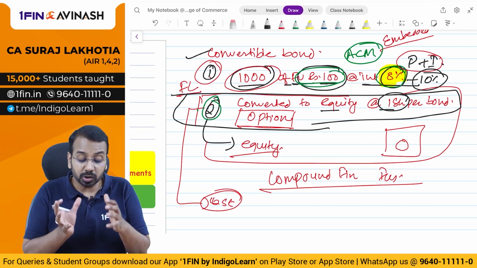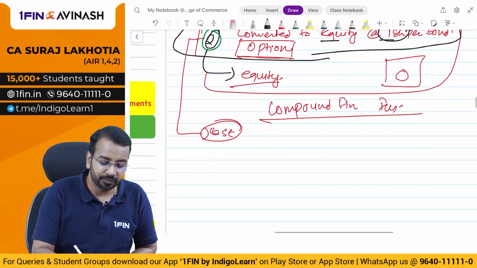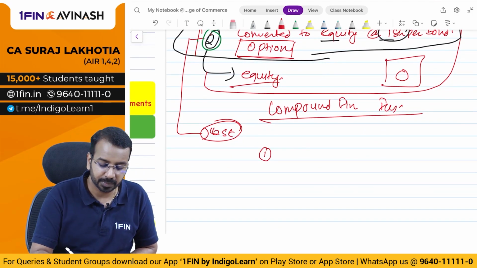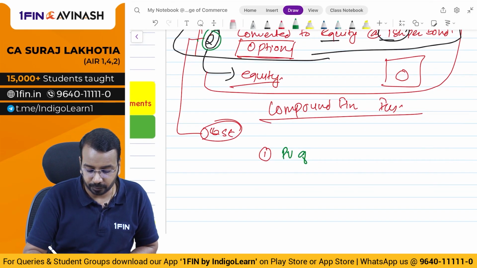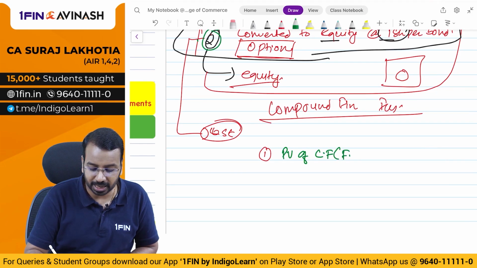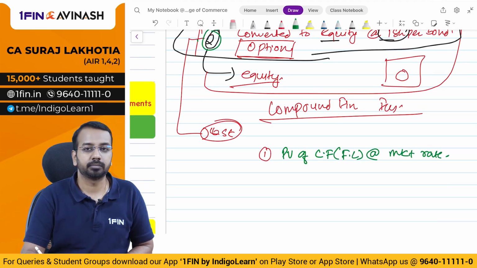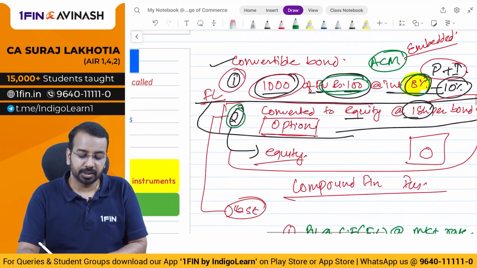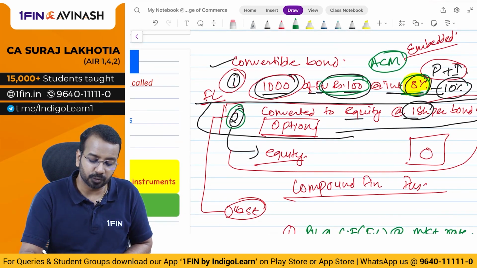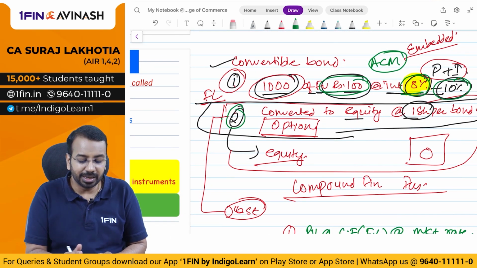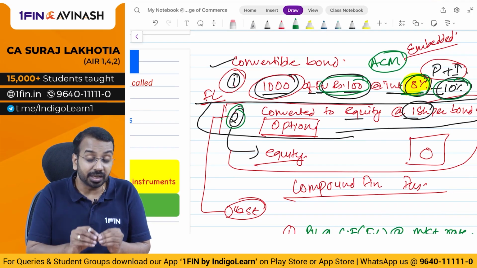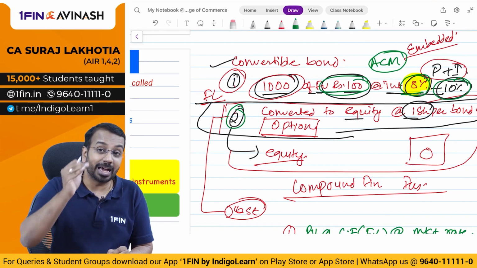Now to solve this kind of question, what we do is, we first compute the present value of cash flows for the financial liability at market rate. Now if 8% cash flows are discounted at 10%, will it be a higher or lower value? If you increase the discount rate, always remember the value will be lower.